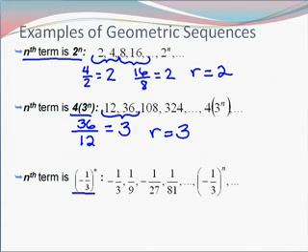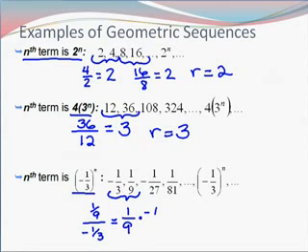Our last example of this type is negative 1/3 to the n. Let's take a look at the ratio of 1/9 to negative 1/3. Remember, when you divide by fractions, you multiply by the reciprocal.